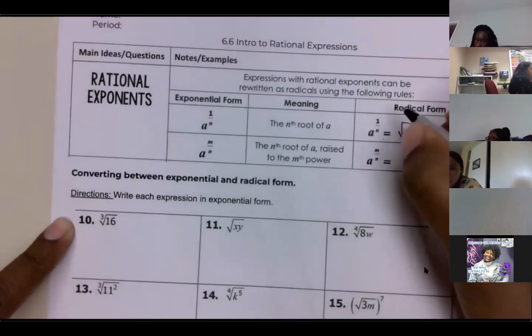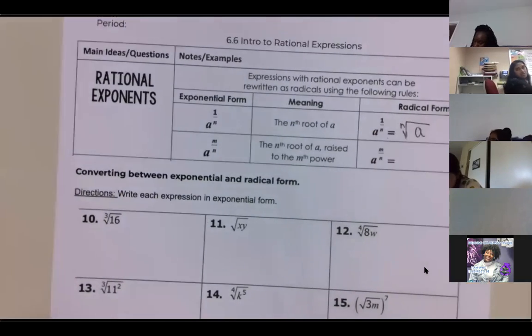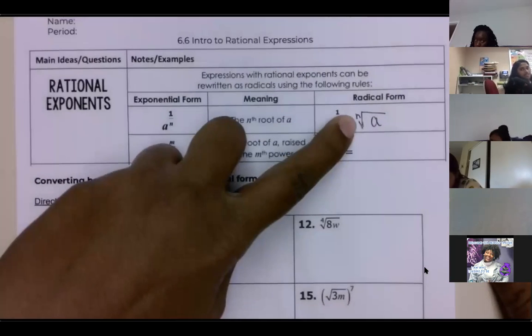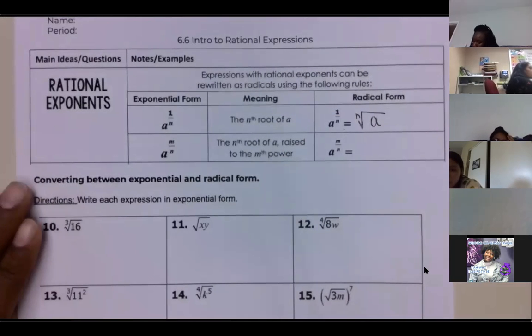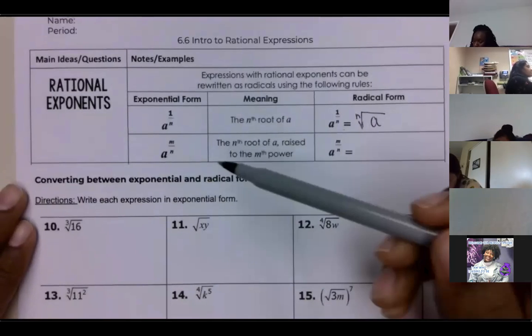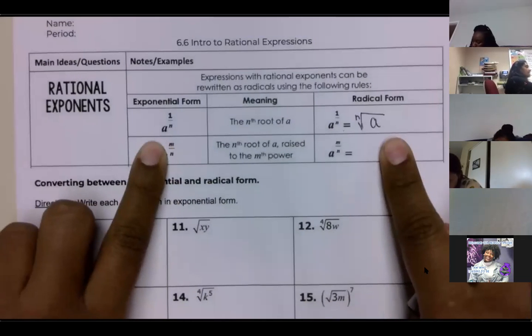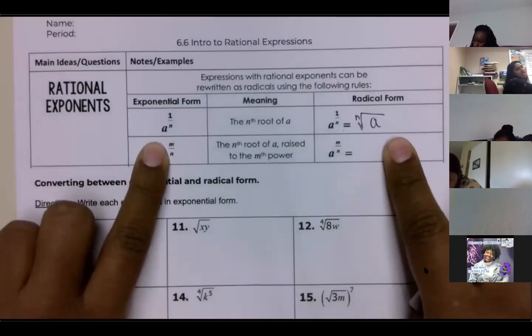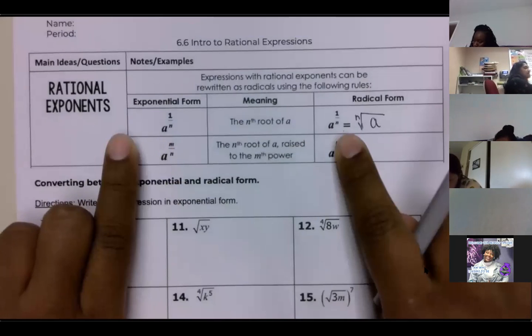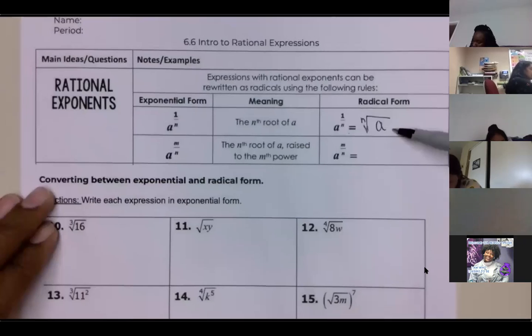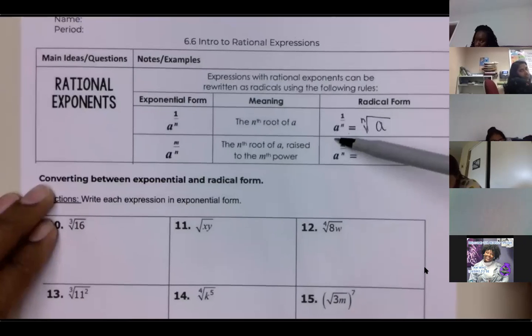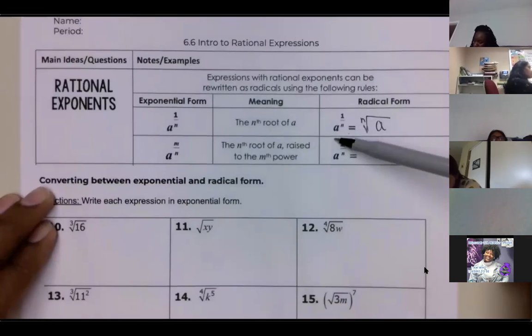The denominator of your fraction is your index. So that goes inside the little crevice of your radical. And those are the same thing. Saying a to the 1 over n is the same as taking the nth root of a. We're used to seeing this, but now we're going to convert to rational exponents.